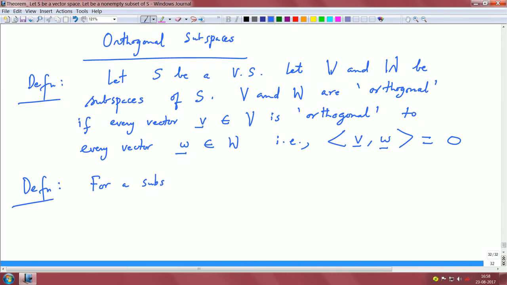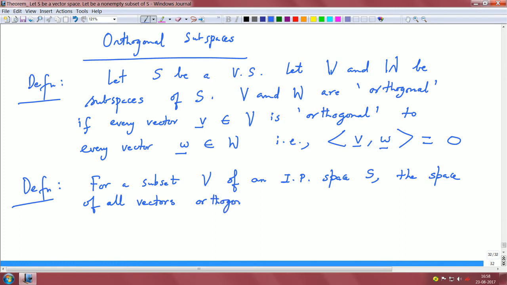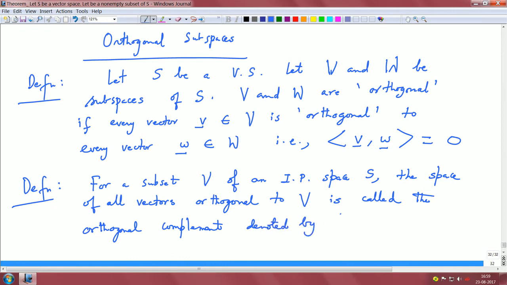For a subset V of an inner product space S, the space of all vectors orthogonal to V is called the orthogonal complement, and it is denoted by V perp.